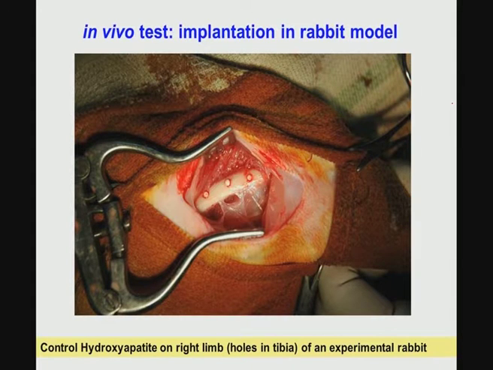Without spending much time on the physical and other properties of these materials, I will restrict this module to their in vivo biocompatibility. What you see here is the femur of a rabbit, and in this femur there are 3 evenly spaced holes, not too close.